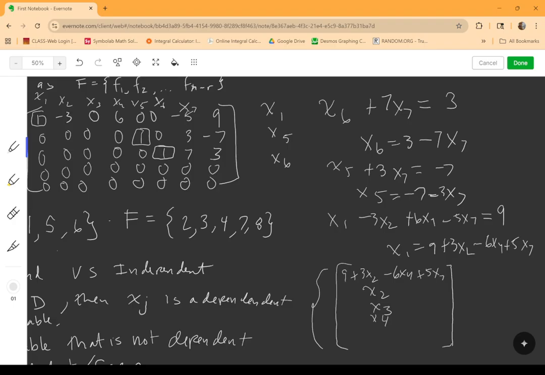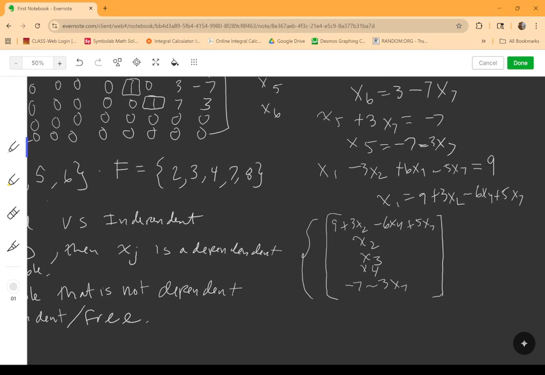And then X5 we write as negative 7 minus 3X7. And then X6, that one is not free. It is dependent, and we write that as 3 minus 7X7.